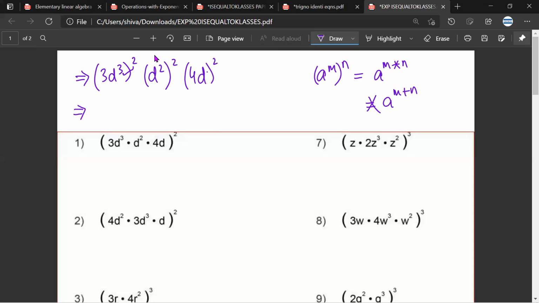So 3d raised to the power 6 into 4 and 2 raised to the power 2. So 3d 12 raised to the power 12 into 4 raised to the power 2. Is there any doubt? No, sir.